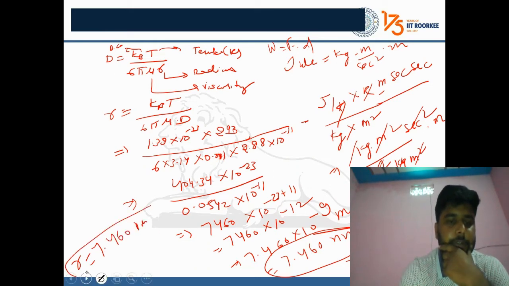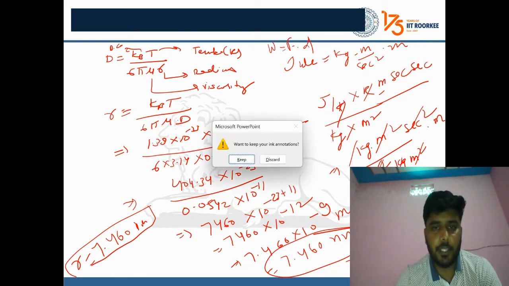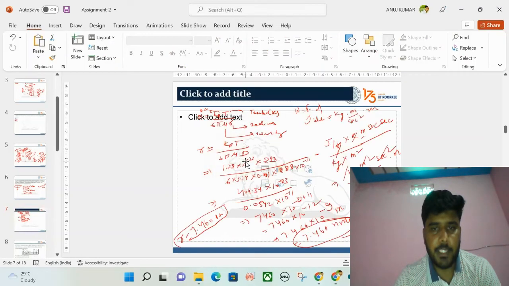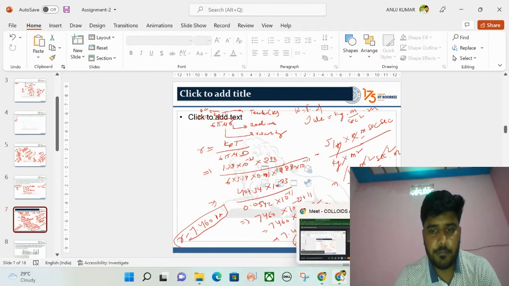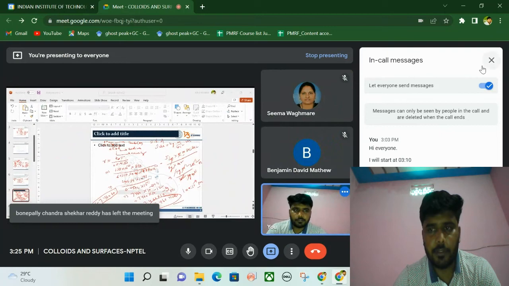You can solve similar questions on the basis of this formula. If you have any doubt with this question, please type in the chat box. Otherwise, I will go to the next question.